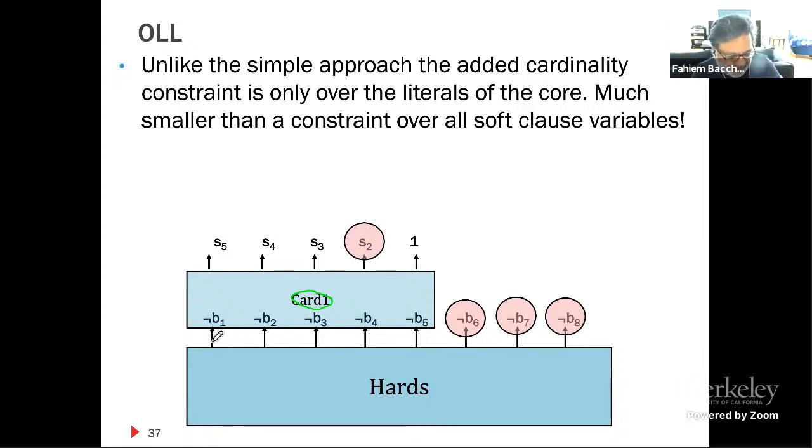So typically in most instances, you might get 50 soft clauses in your core, even when you have 100,000 soft clauses. So you're building yourself a cardinality constraint over a very much smaller set of soft clauses, and therefore the size of this cardinality constraint in terms of the CNF representation is much smaller.